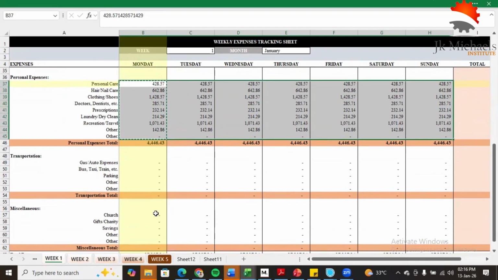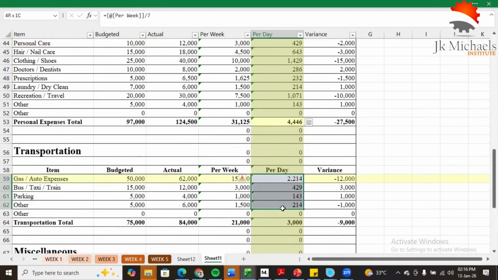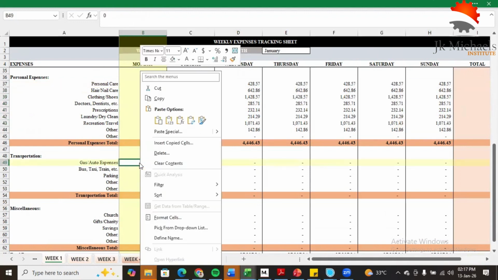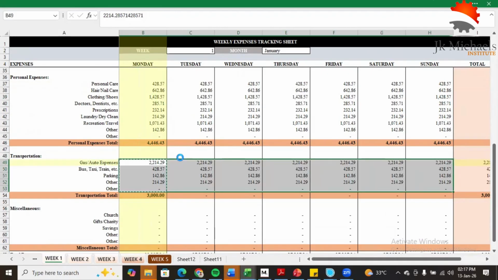Okay. And then we have transportation, sheet 11. We copy, and then go into week 1, control week 1, 2, 3, and 4. And then we paste this, distribute this across.